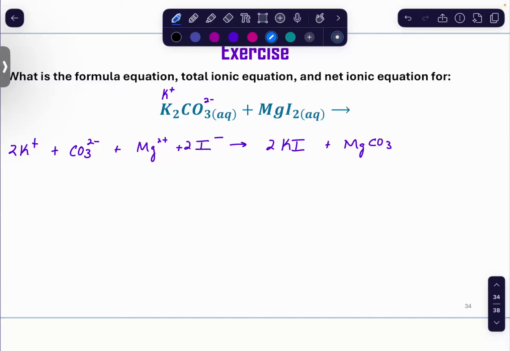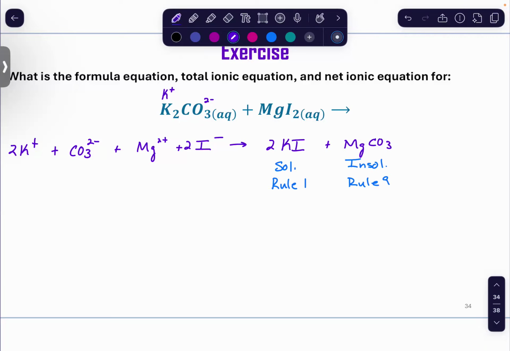So I'm going to go to my solubility rules. Potassium iodide is soluble by rule 1. Magnesium carbonate is insoluble by rule 9.